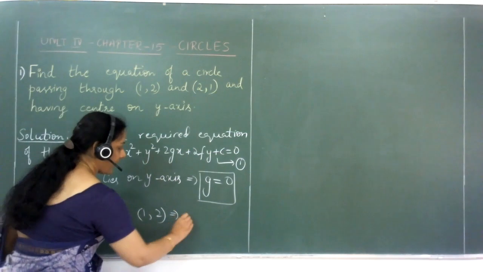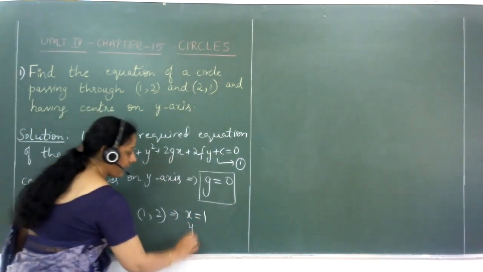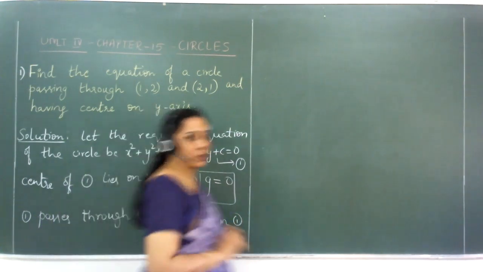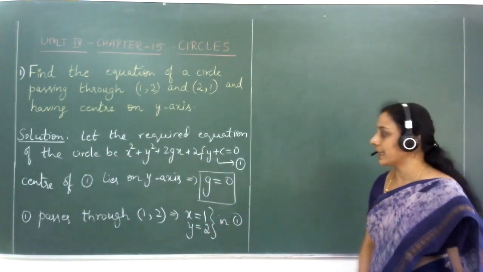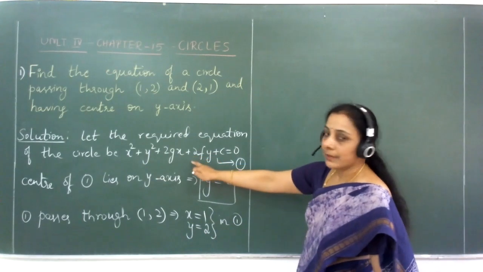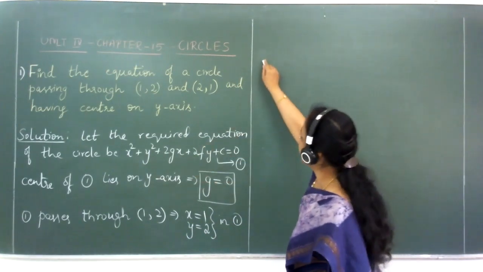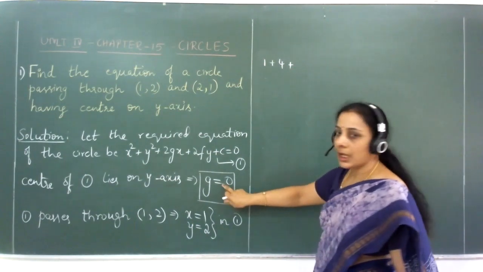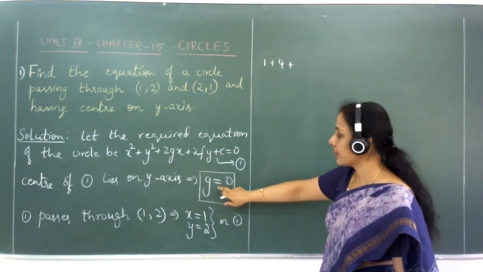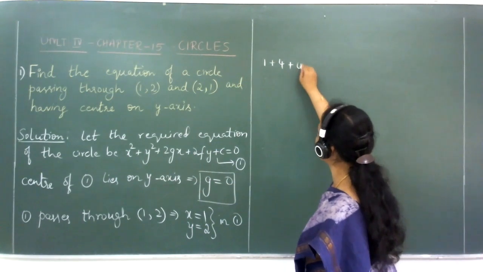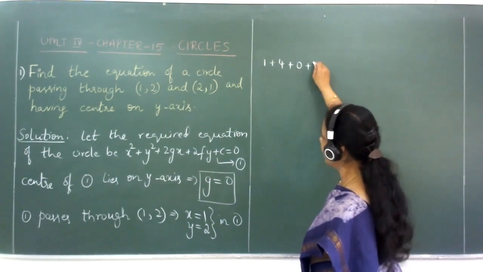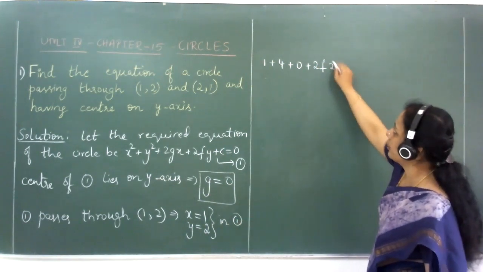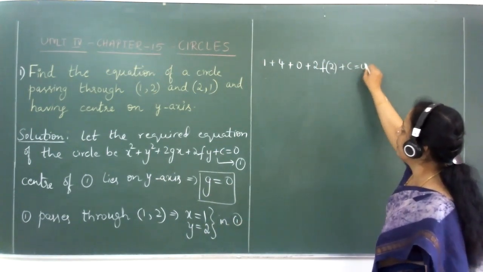With these two as the substitution, equation 1 becomes 1 squared, which is 1, plus 2 squared, which is 4, plus 2 into 0 into 1, which gives me 0, plus 2 into f into 2, plus c is equal to 0.